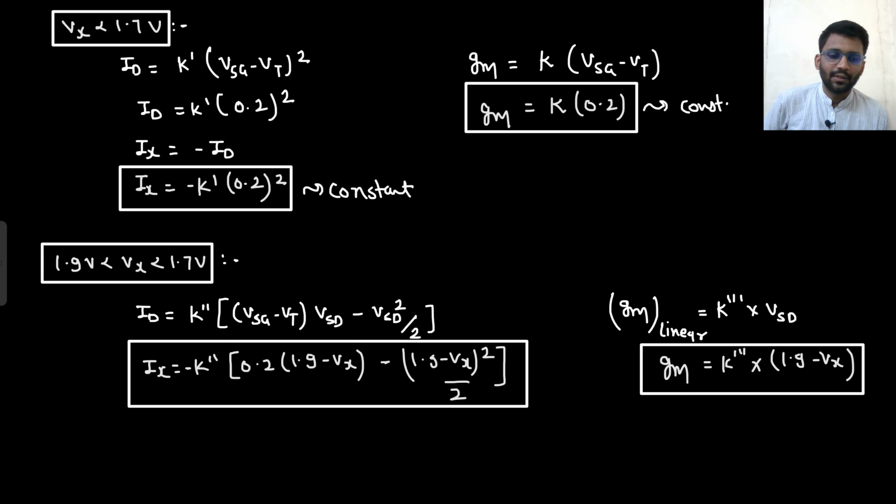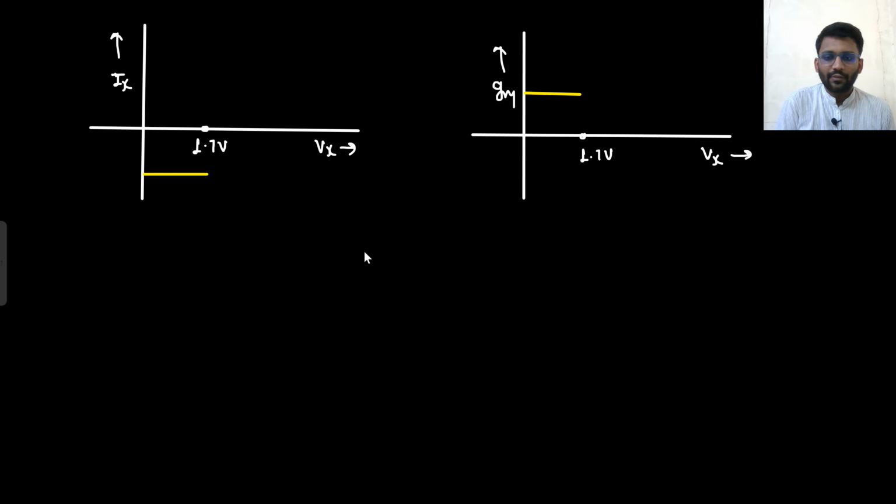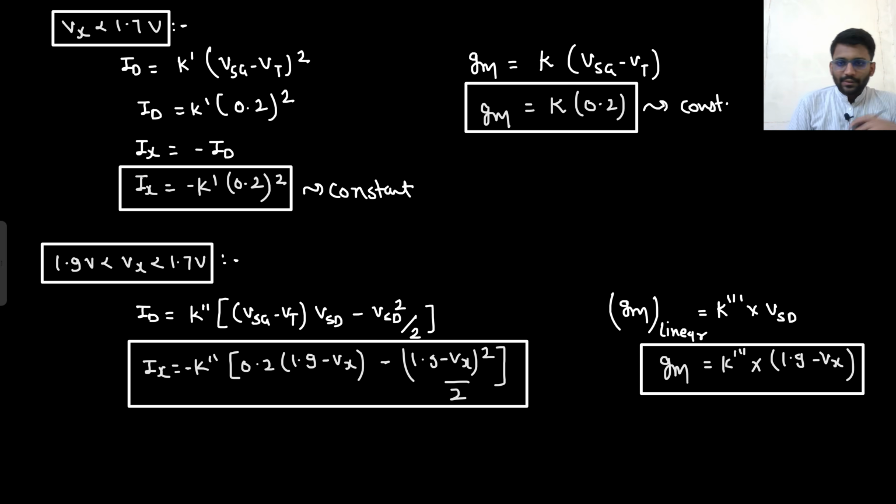Well and good. Now, after that, what happens? Look, after that, if Vx increases, then this value will decrease, and this value will also decrease. Which value will decrease more? This is my question.